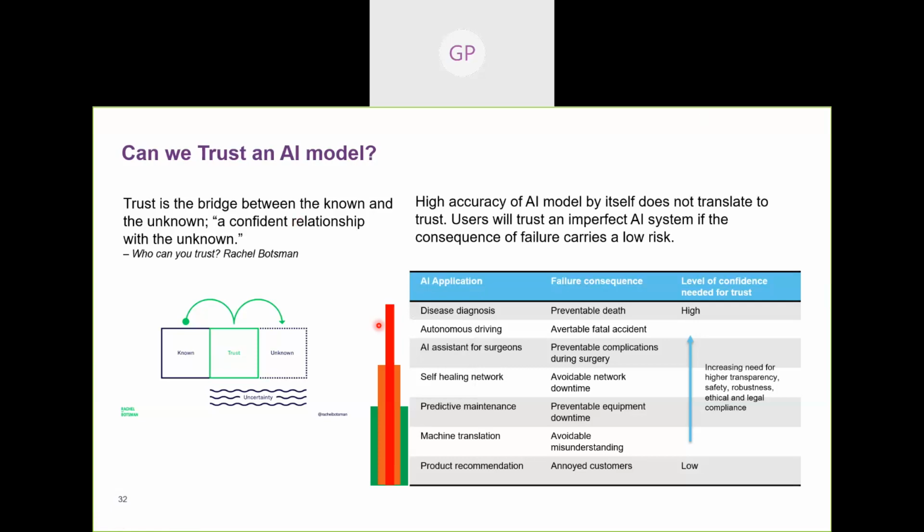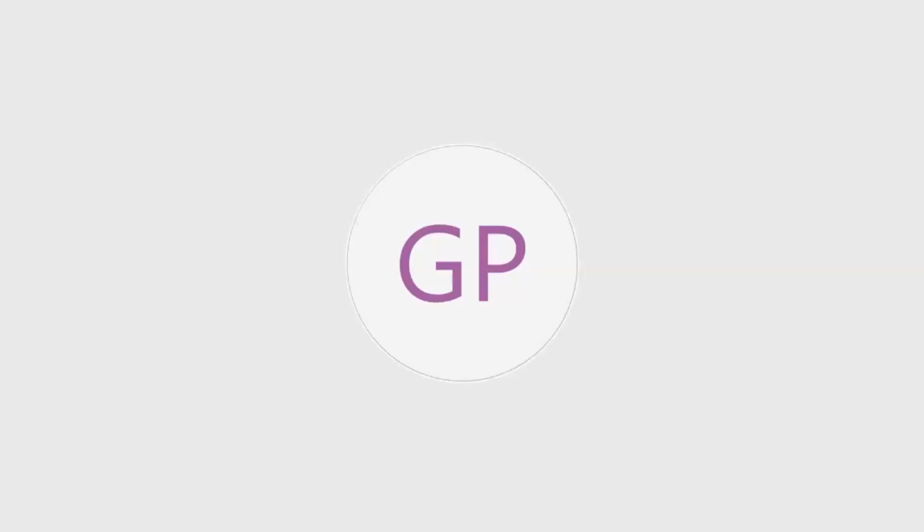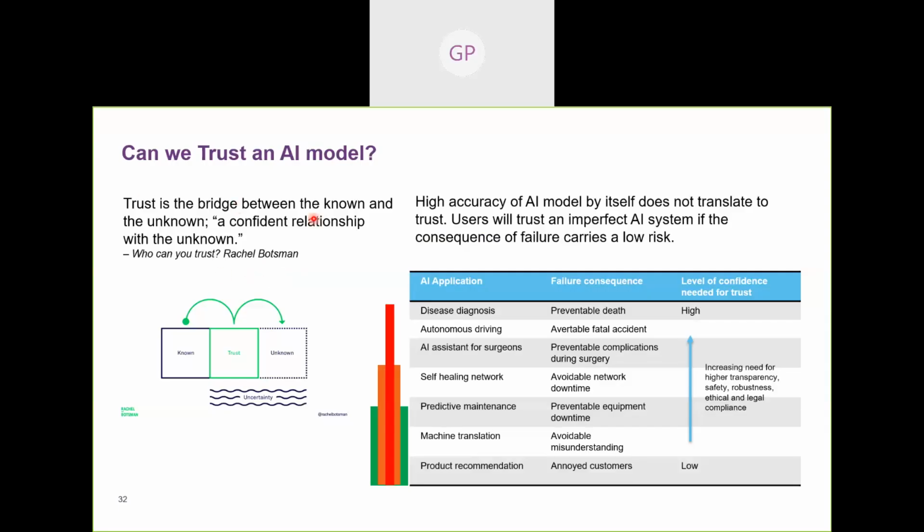According to Rachel Botsman, in her book "Who Can You Trust?", in the human sense, trust is the bridge between the known and the unknown, a confident relationship with the unknown. So you're going from the known to an unknown side, the uncertainty. But even though it's uncertain, trust is the part that connects us with the unknown.